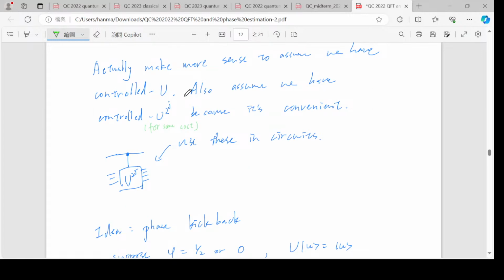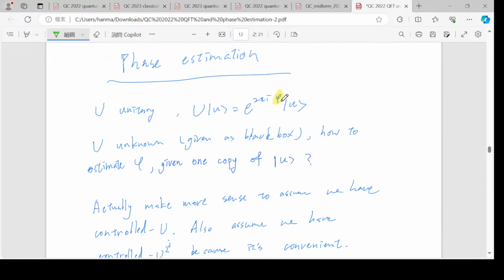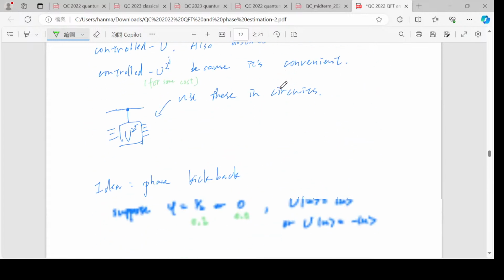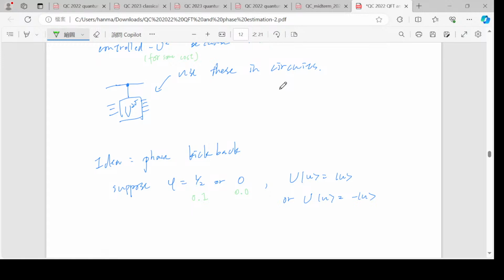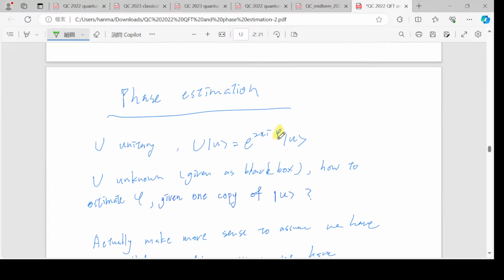Let's talk about having controlled U first. If we have controlled U, how do we do phase estimation? How do we estimate this phi to some precision? Let's first take a toy example, where we have this phi to the lowest possible precision. Remember, phi is something between 0 and 1.